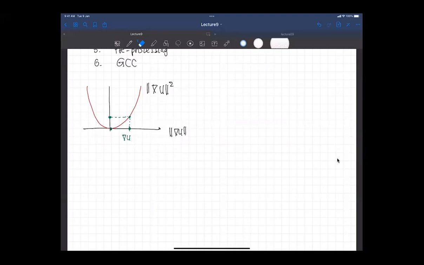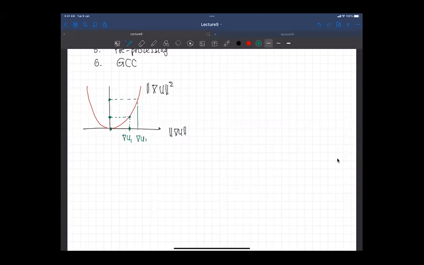If it's 0, there is no penalty. But if it is nabla u1 here, there will be some penalty. And if it is nabla u2 here, the penalty will be higher. It's quadratic in terms of the penalty.